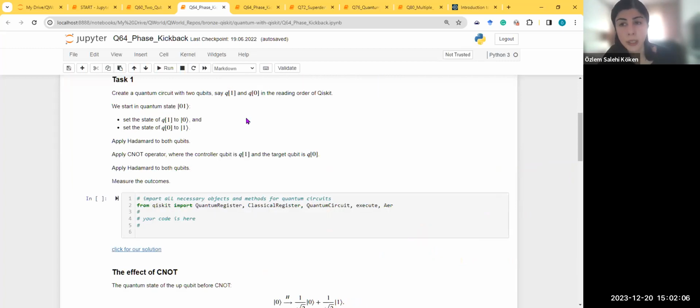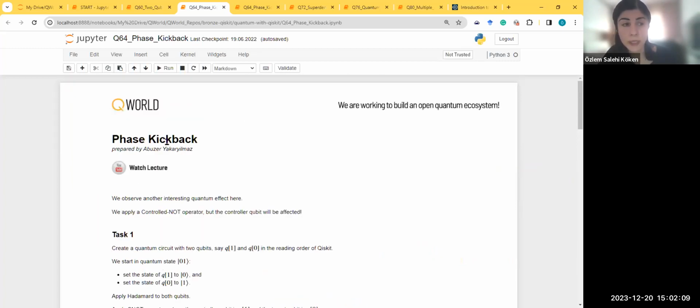So what's going on here and why is this notebook titled Phase Kickback? What's happening here actually is the following. Think about this minus state, which is the state you obtain if you apply Hadamard to ket 1, and this is 1 over square root 2 ket 0 minus 1 over square root 2 ket 1.